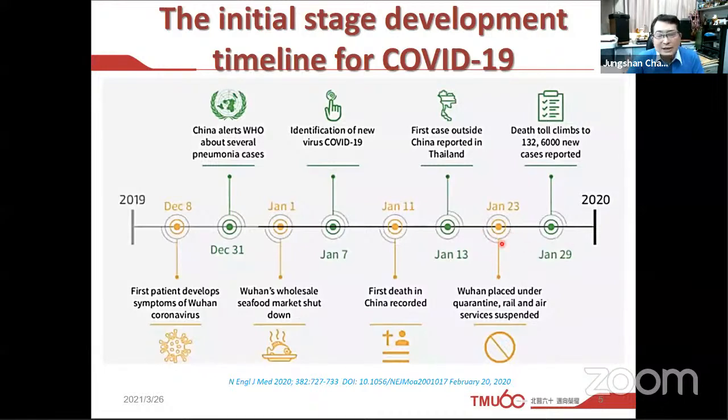On January 23rd, a very important date, Wuhan city was locked down.